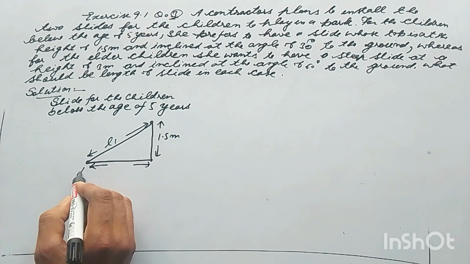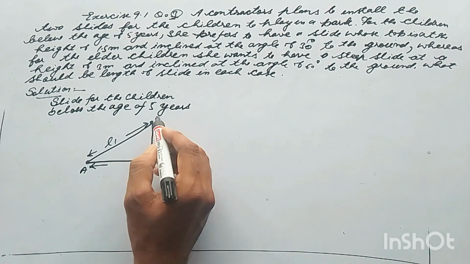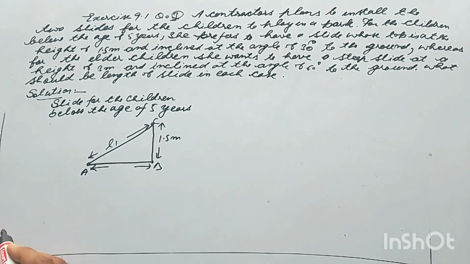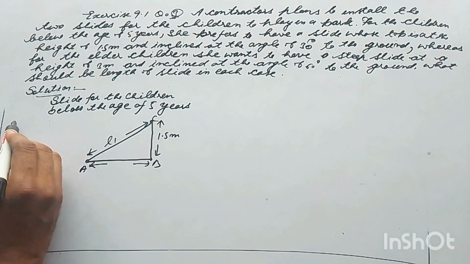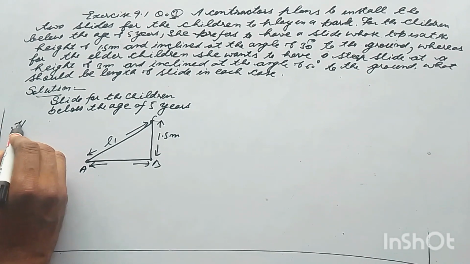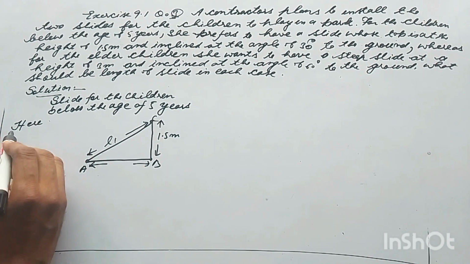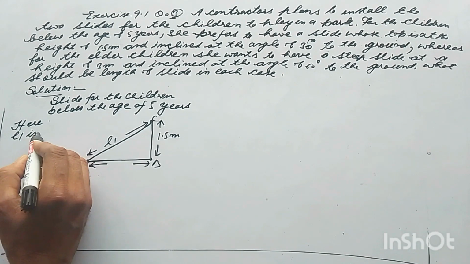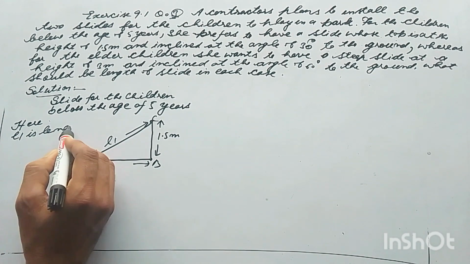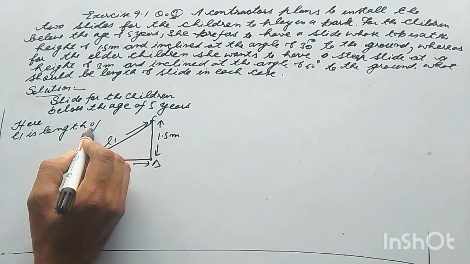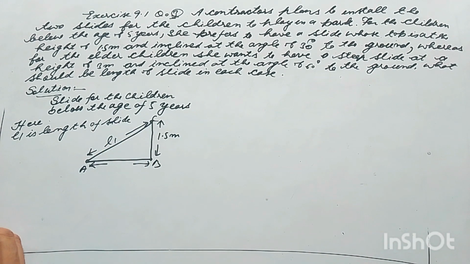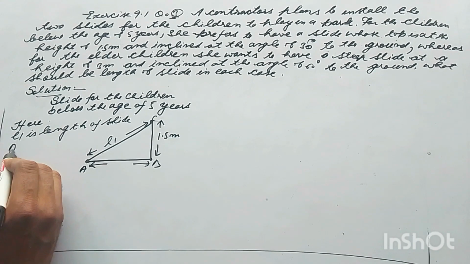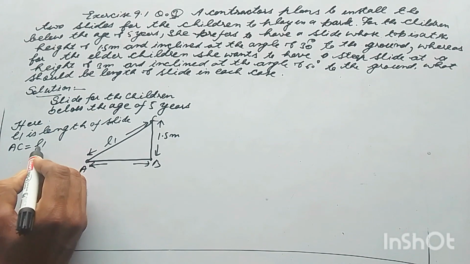Let the name of the right angle triangle be ABC. Here L1 is the length of slide, AC equal to L1.